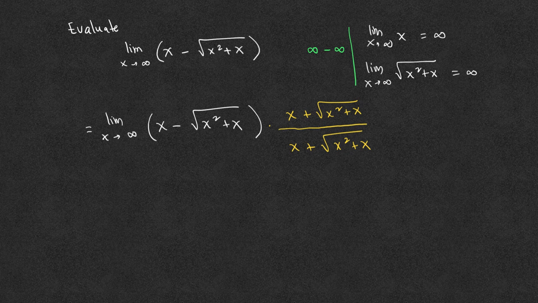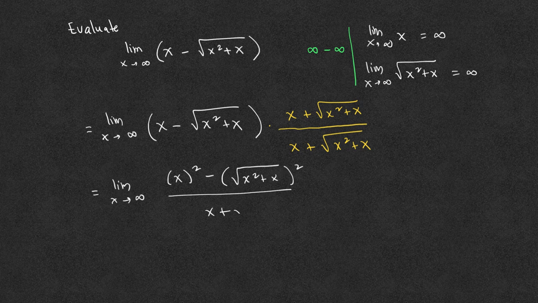We now have the product of the conjugates in the numerator. The product of the conjugates is the difference of two squares, the first term squared minus the second term squared. And the denominator is x plus the square root of x squared plus x.